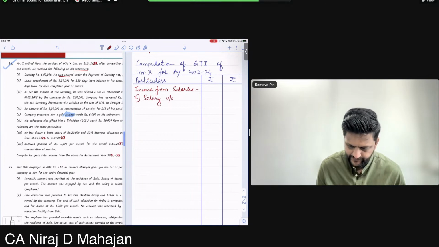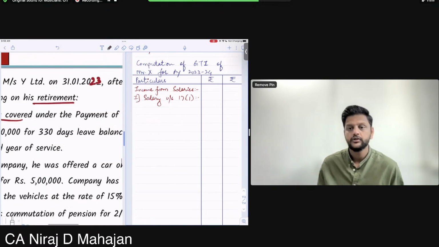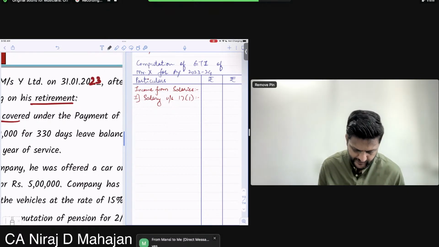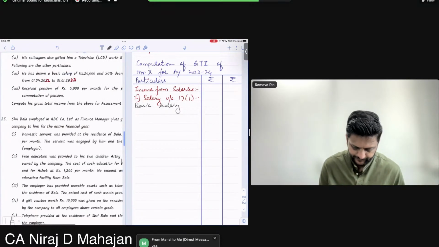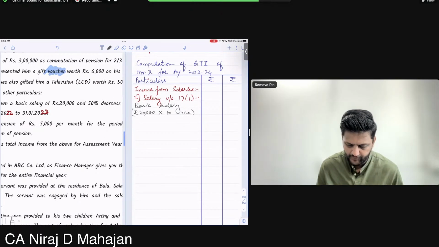Salary under section 17(1). Do you have basic? Did he retire on 31st January? No. So from April to January he'll have regular salary. So basic salary: how much was he getting? 20,000 in 10 months, right, everybody? 2 lakhs.